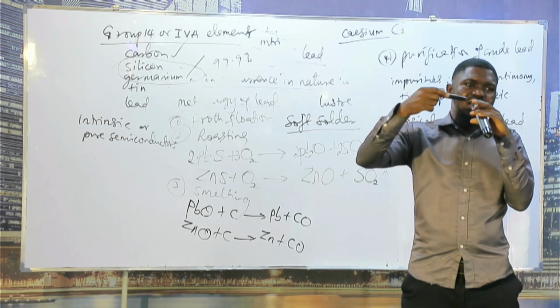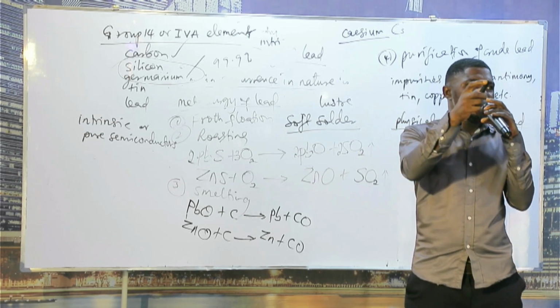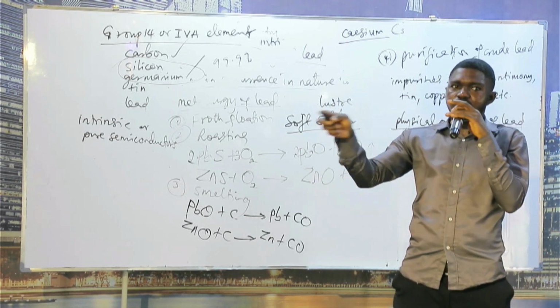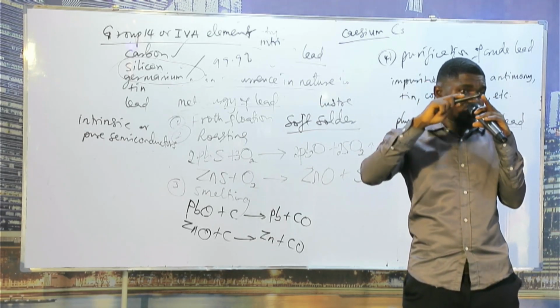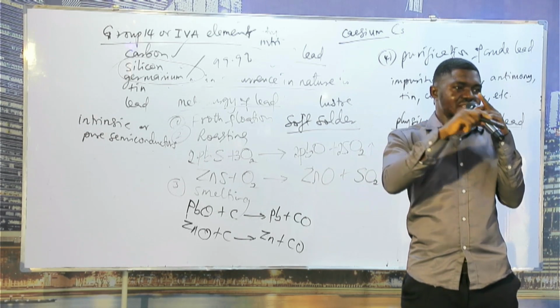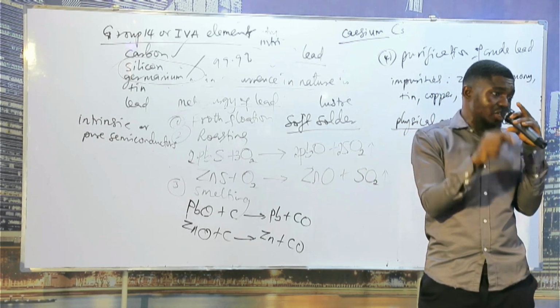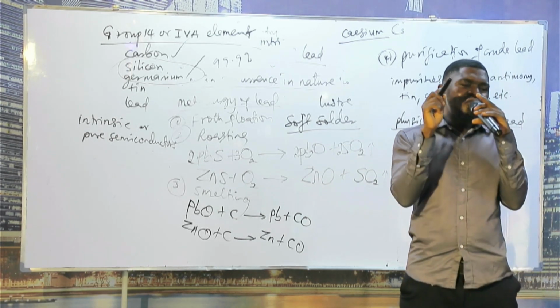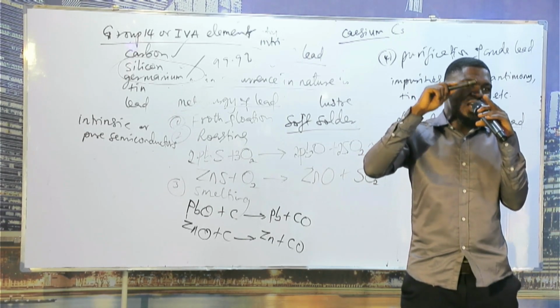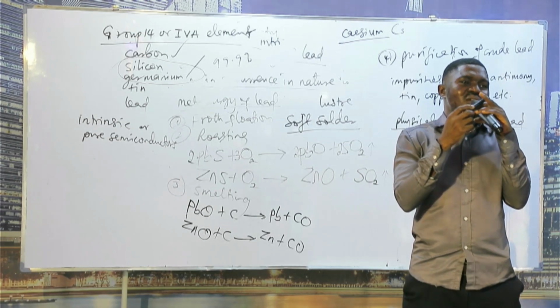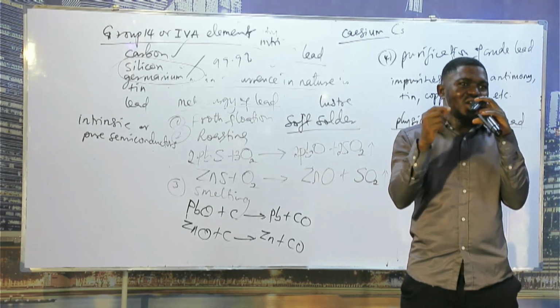Now, they bring something that looks like a pen, but it's hot, right? They use it to melt it. That thing that is melting is soft solder. Are you with me? But before they start melting that soft solder, there is something that looks like Vaseline, but yellowish in color.